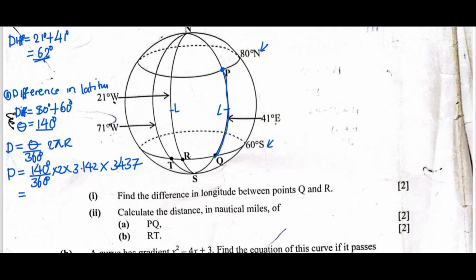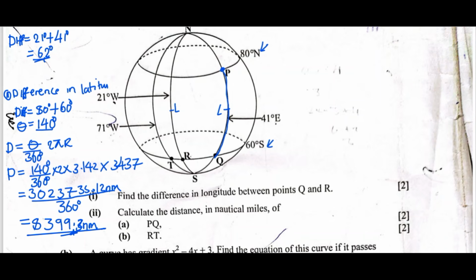So I'm getting 3,023,735.12 nautical miles, then divided by 360. So I'm getting 8,399.2, which is 0.3 in nautical miles. This is our distance. Then if you want, you can now round it off, correct to 3 significant figures.